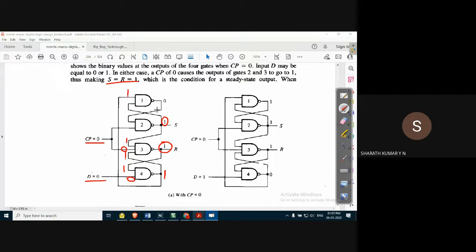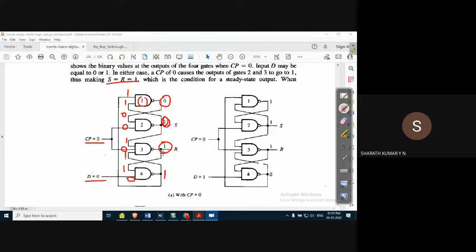What about at this stage? The initial condition of NAND gate 1 is taken as 0, for example. So this is 0, clock is 0, this input is 1. With this condition, the output of the first NAND gate continues to be 0. Because of 0 0, the output of the second NAND gate continues to be 1.